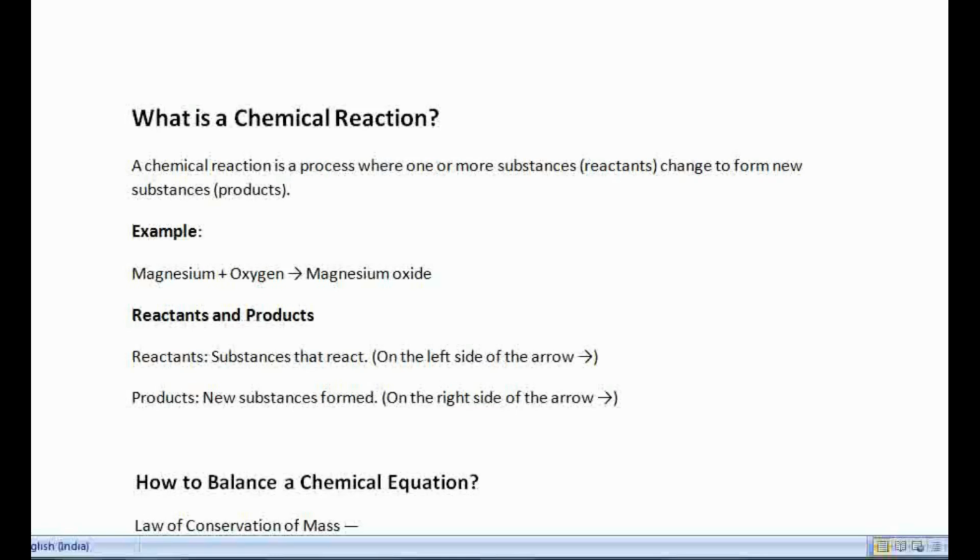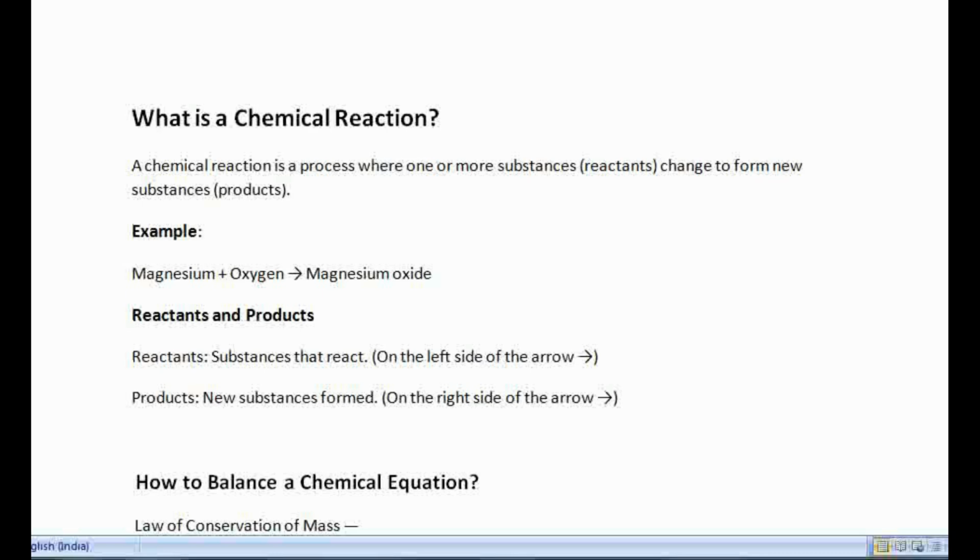But in chemistry also you should understand like that. Magnesium plus oxygen produces magnesium oxide. Hope you understand. For this magnesium oxide we can also write the chemical equation. A chemical equation is nothing but you should remember these symbols. Later I will explain you. The symbols and valency numbers are very important to write a chemical equation.